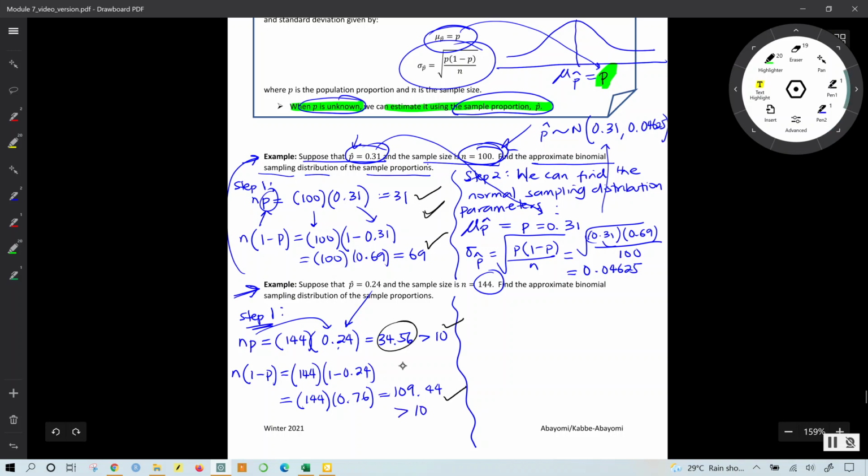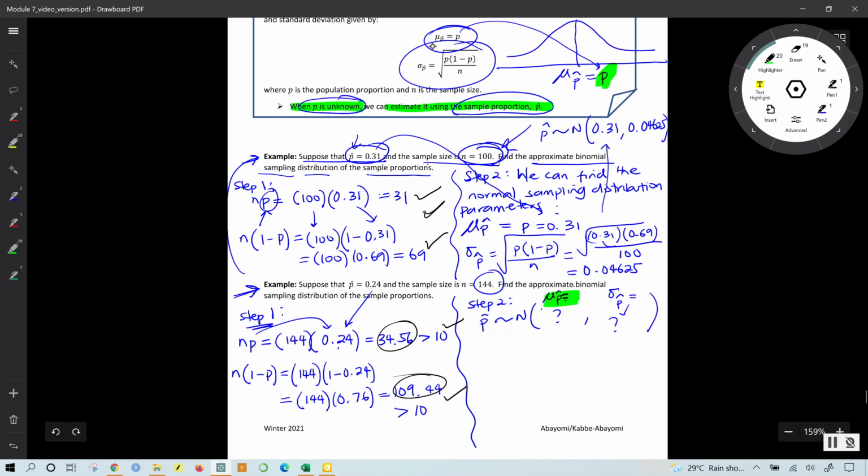Since both numbers are greater than 10, we are free to go on to step 2 to find the sampling distribution of p hat. It will have the normal distribution, and we need to find the mean of p hat, and we need to find the standard error of p hat also. How do we find these two quantities?